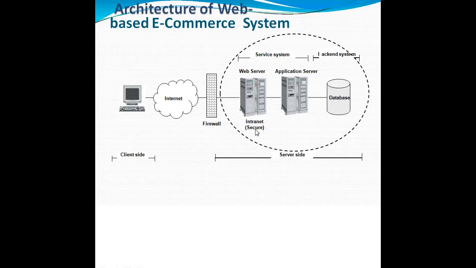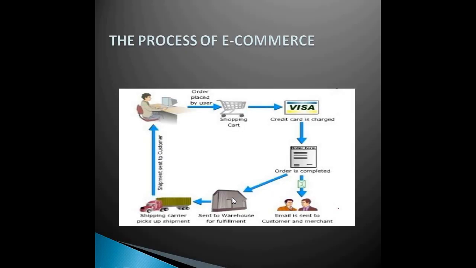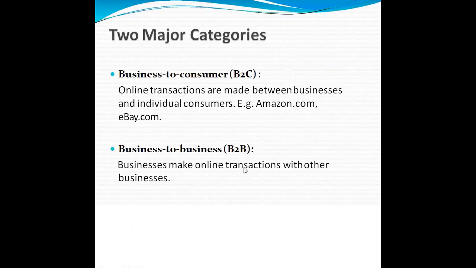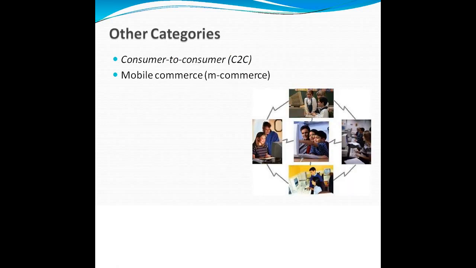Some architecture I have mentioned is based on e-commerce. So how they follow the process of e-commerce, the same process of online transactions and online purchasing. Categories we have covered: two major categories, business to customer and business to business, and others like customer to customer, and mobile commerce.